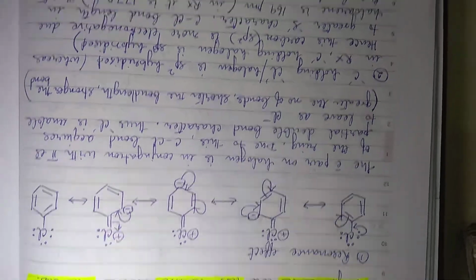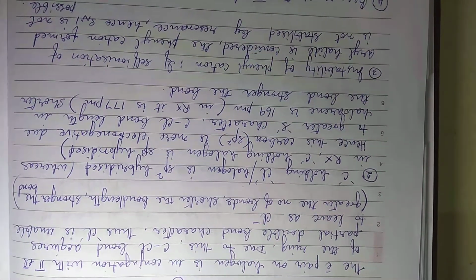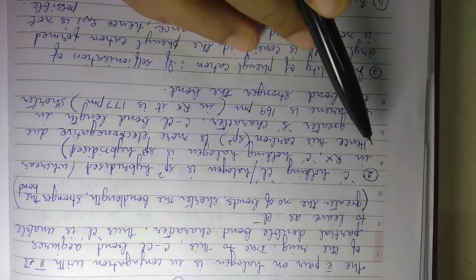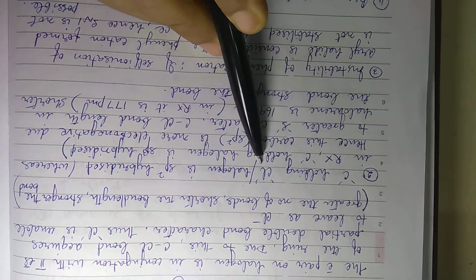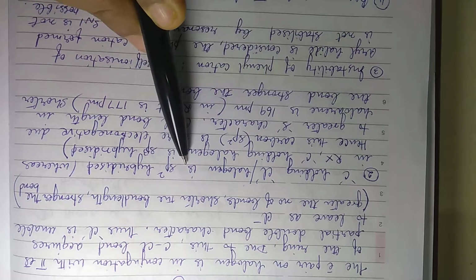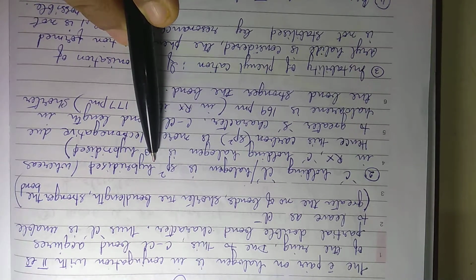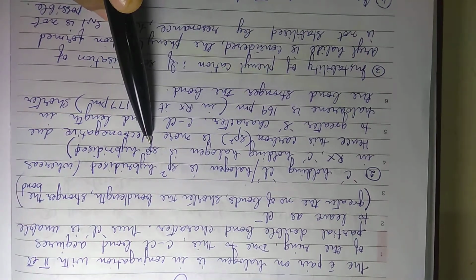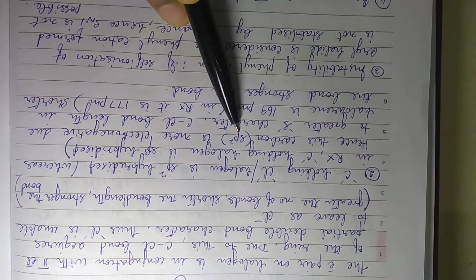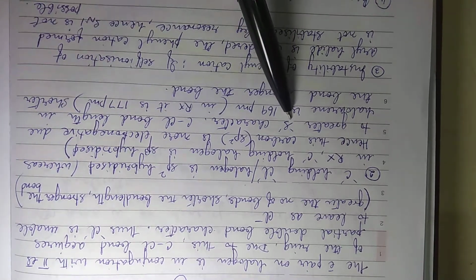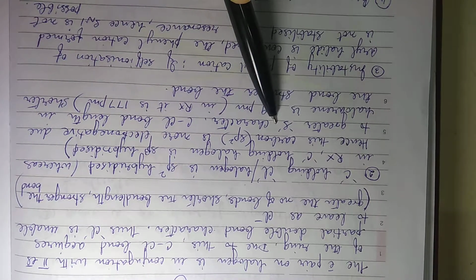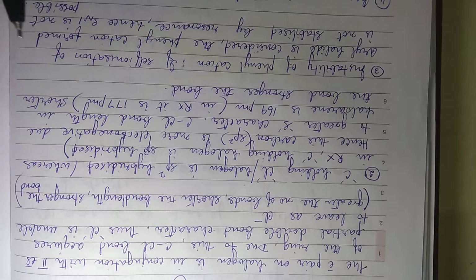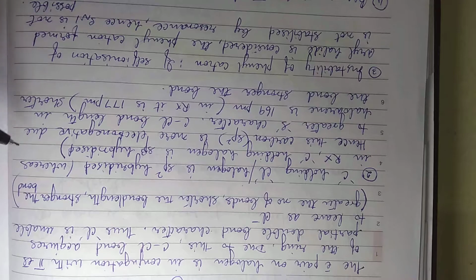Now apart from that, what other reasons are there which make haloarenes less reactive towards nucleophilic substitution? Second point, the C holding Cl or any halogen for that matter is sp2 hybridized, whereas in the case of alkyl halides RX, carbon is sp3 hybridized. This sp2 carbon is more electronegative due to greater s character. In sp3, s character is only 1 out of 4, isn't it?